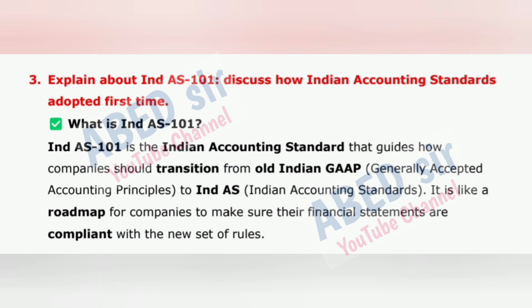Ind AS 101 is the Indian accounting standard that guides how companies should transition from old Indian GAAP, generally accepted accounting principles, to Ind AS, Indian accounting standards. It is like a roadmap for companies to make sure their financial statements are compliant with the new set of rules.